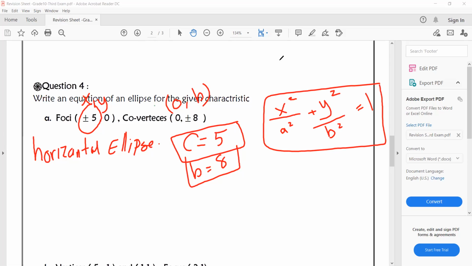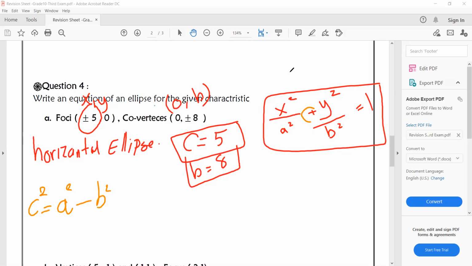The one who said a equals 1 over 4c, that is for the parabola. For the ellipse, c squared equals a squared minus b squared. This is how I can find the value of c.